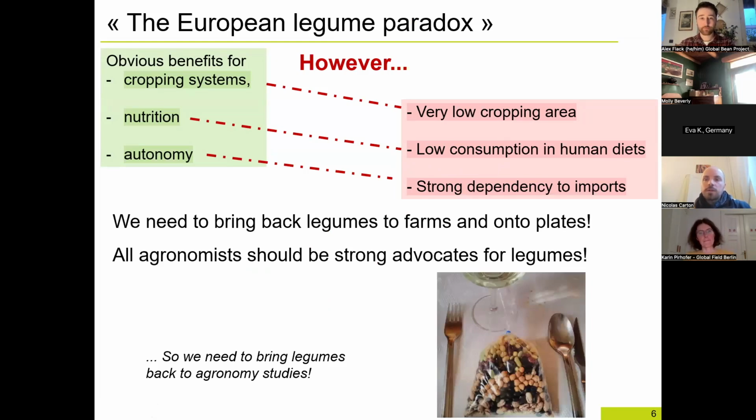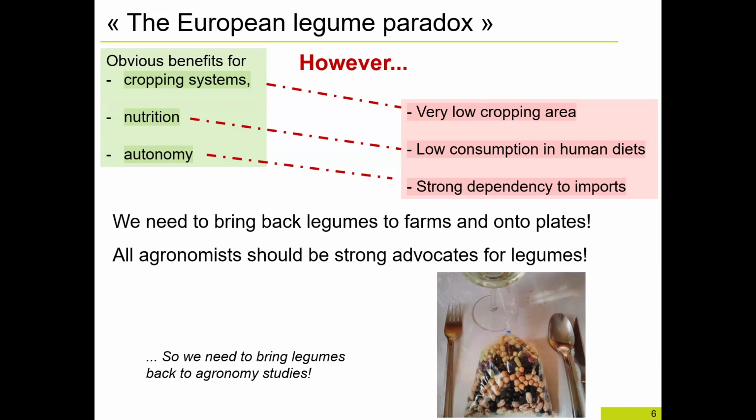As Karen was showing, we need to motivate the students first before they get interested enough to actively engage in the learning. So I was showing them why they need to be advocates for legumes. That's because of this paradox, and I was quite happy to see that they did understand the numerous benefits, and they were also increasingly aware of all the challenges.